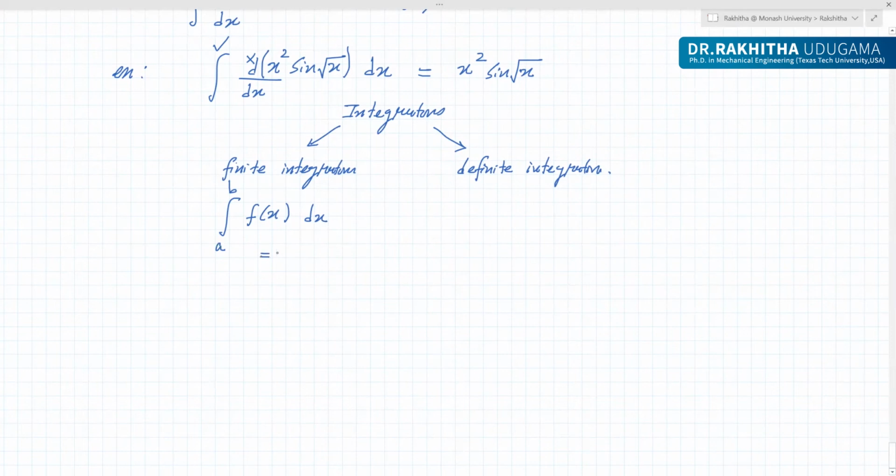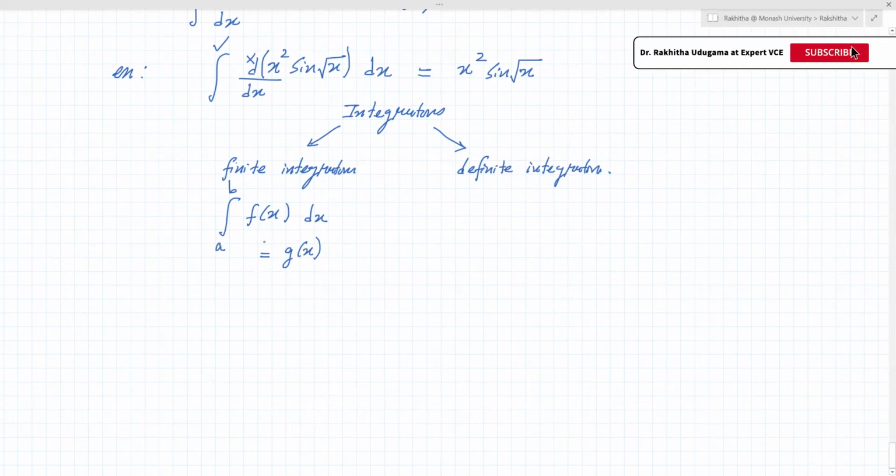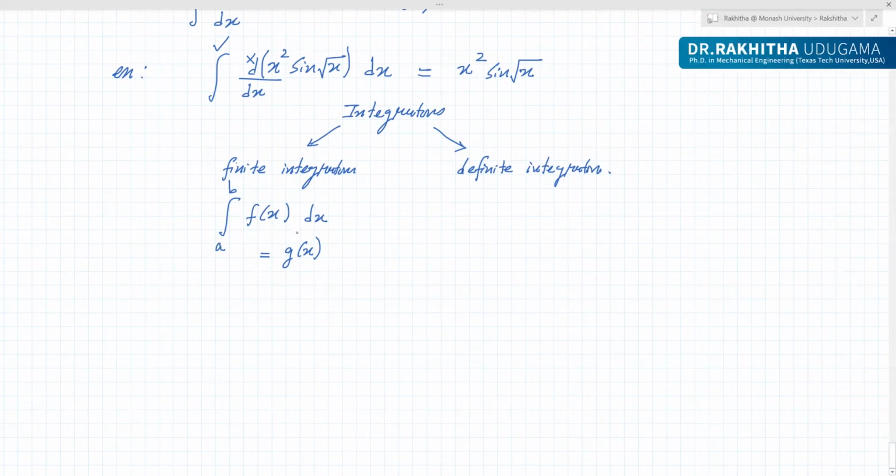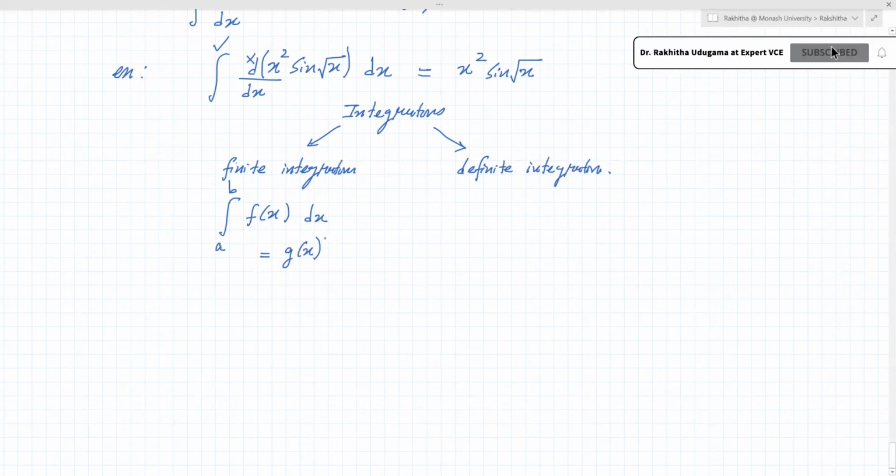So this will be equal to another function once you integrate. I will teach you how to integrate it, but first you understand the logic behind this operation. So once you integrate, suppose your answer would be g(x). Now you are applying the boundaries, lower boundary and upper boundary.